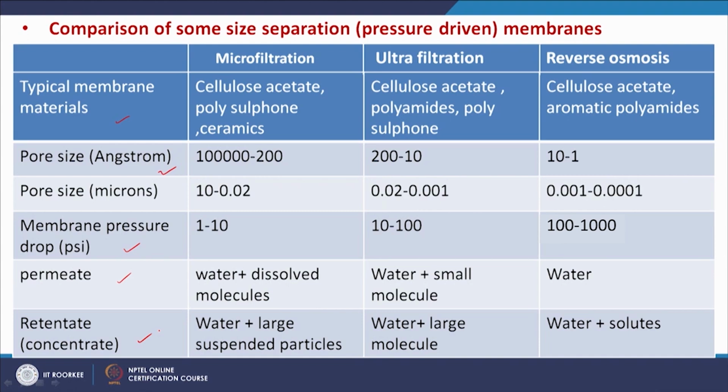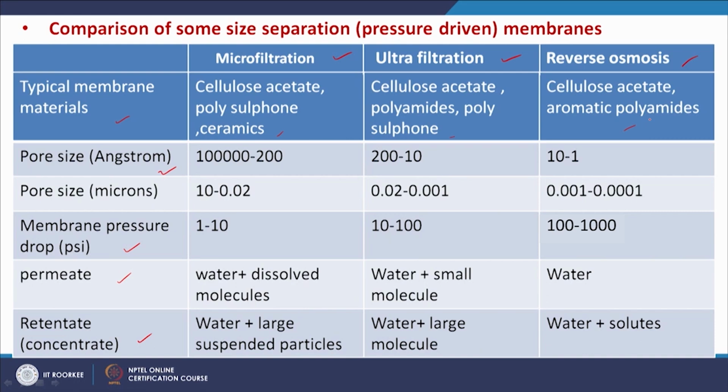The pressure driven processes are microfiltration, ultrafiltration and reverse osmosis; these 3 have been chosen, and then we will see the difference. For typical membrane material, in microfiltration we have cellulose acetate, polysulfone, ceramics; in ultrafiltration cellulose acetate, polyamides, polysulfone; and in reverse osmosis cellulose acetate, aromatic polyamides.